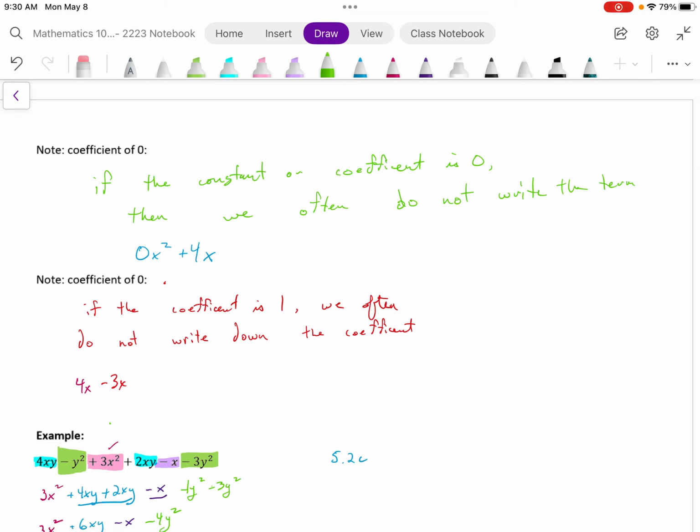If the coefficient or constant is 0, then we often do not write that term. So for example, 0x squared plus 4x, I would probably write this as 4x. And if I wanted to, I could put my constant term as plus 0. I still write this as that.